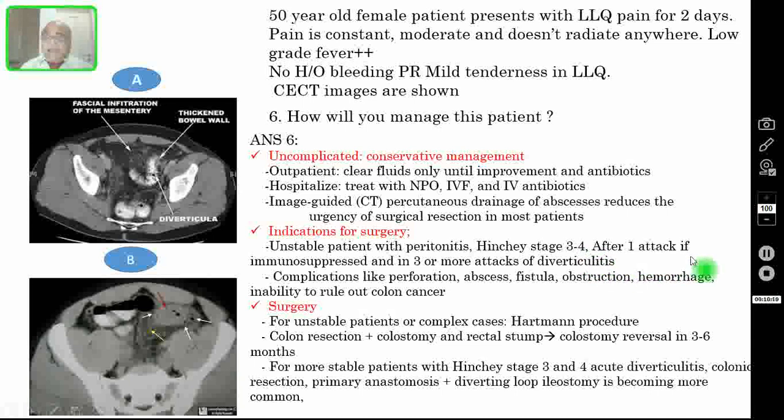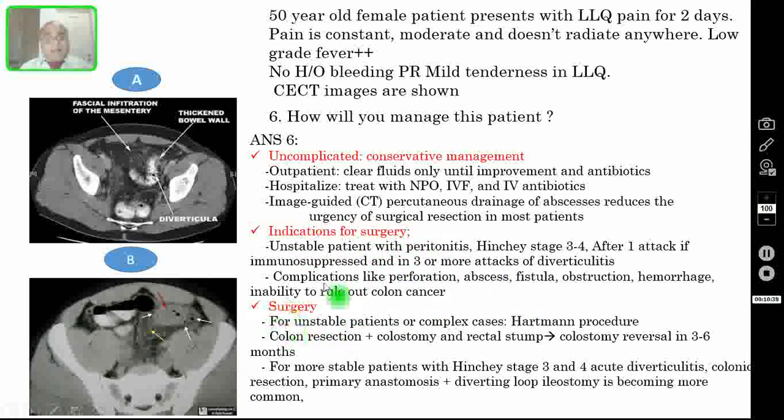After one attack of acute diverticulitis, if your patient is immunocompromised, or 3 or more attacks of diverticulitis in normal patients. Complications like perforation, abscess, fistula, obstruction, hemorrhage, and inability to rule out colon cancer. All these are indications for surgical intervention.